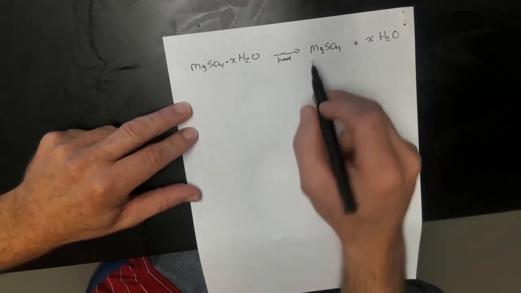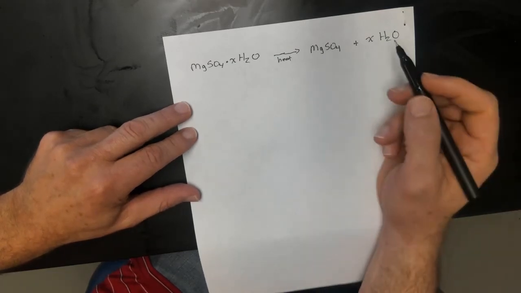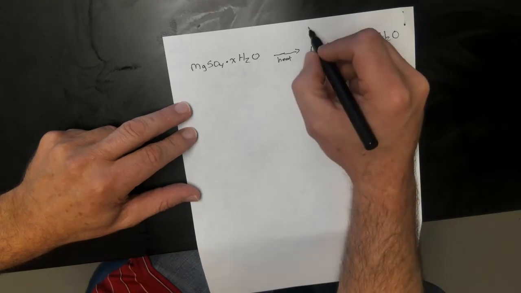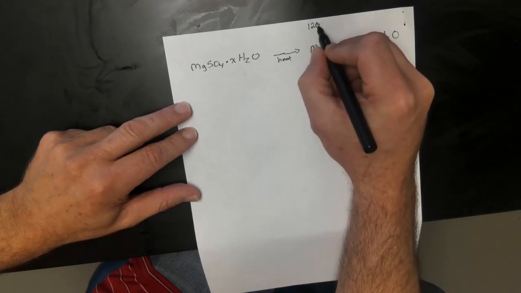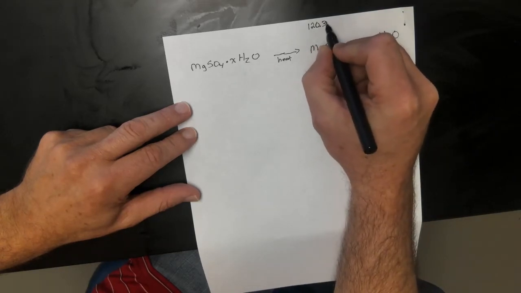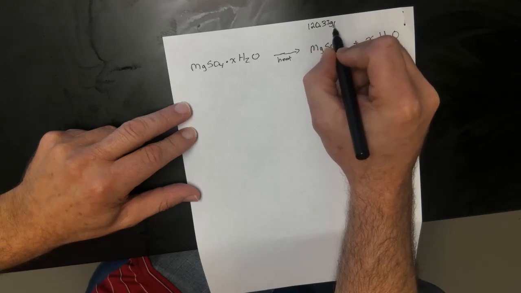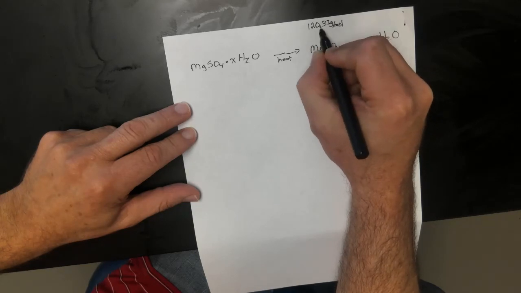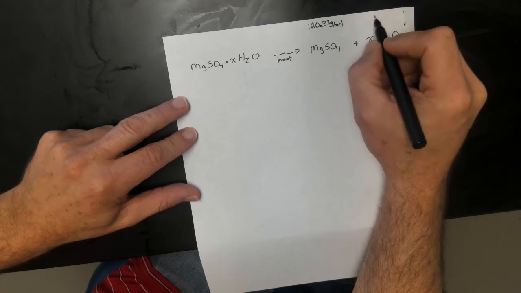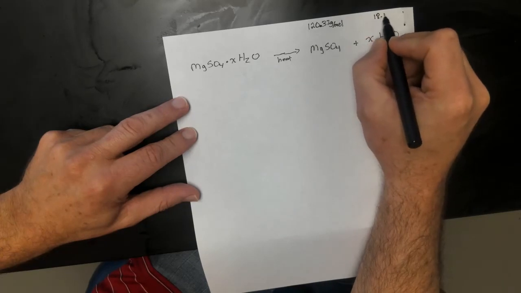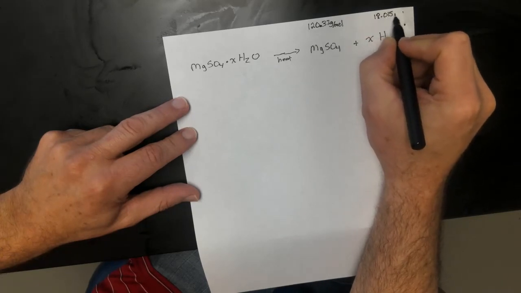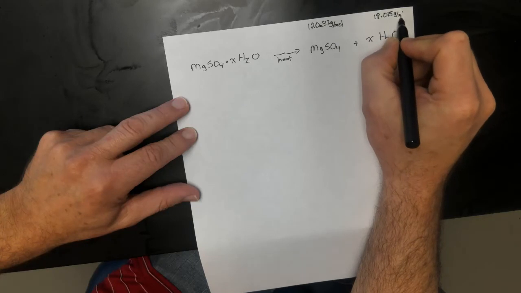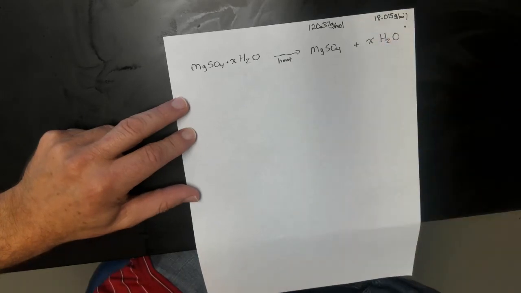The molar mass of magnesium sulfate is 120.37 grams per mole. We need that information. And for water, it is 18.015 grams per mole.